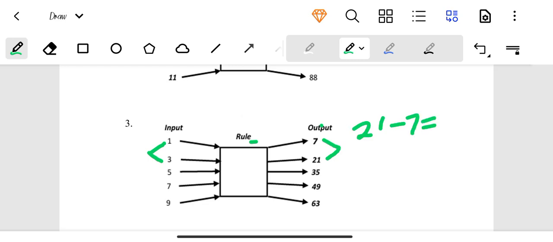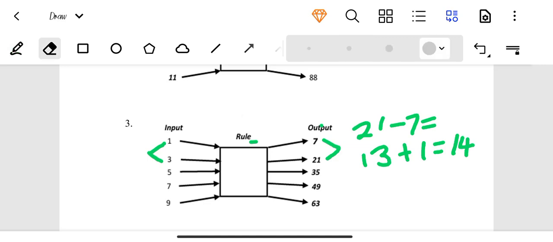What is 21 minus 7? 20 minus 7 is 13, and then plus 1 is going to be 14. So now we have the difference of 14.